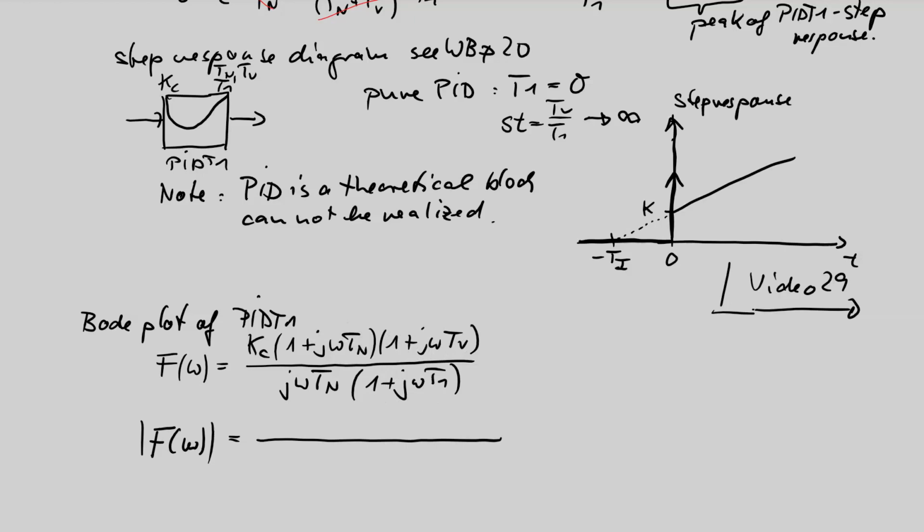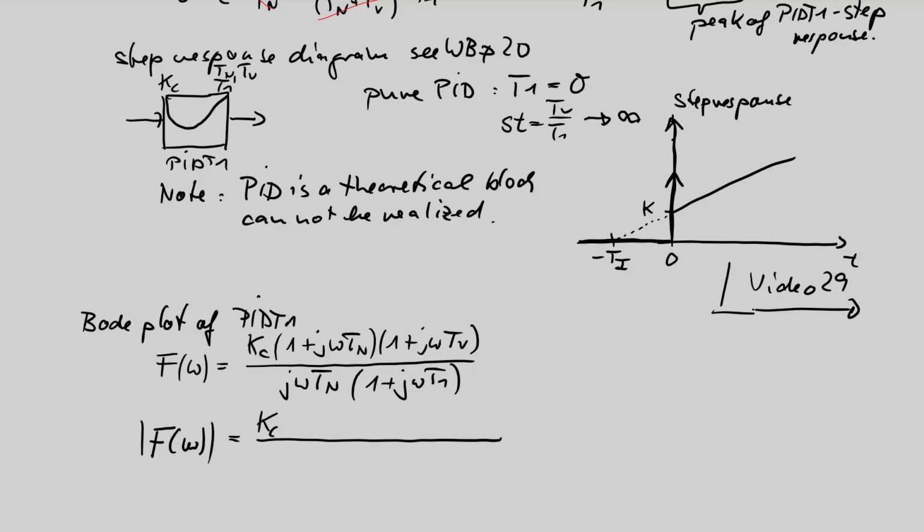So we convert each single part, this PD part, this PD part, this PT1 part, and this integrator, into magnitude values, and then multiply these magnitude values. It gives the following expression.